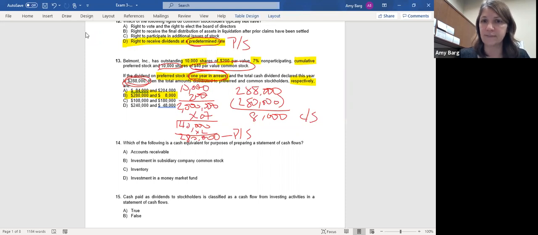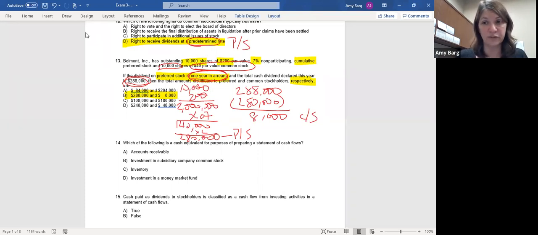It's 7% cumulative, which means that any time that they don't issue dividends, you are still owed those dividends regardless of whether they pay them or not. So once they do get around to finally paying dividends, you get paid your dividends in arrears first. So because they're 1 year in arrears, you have to pay last year's dividends.